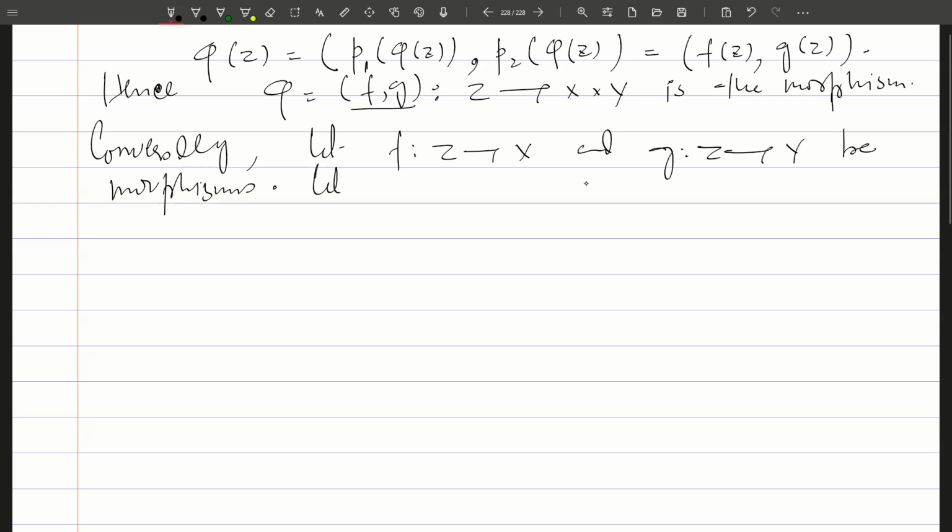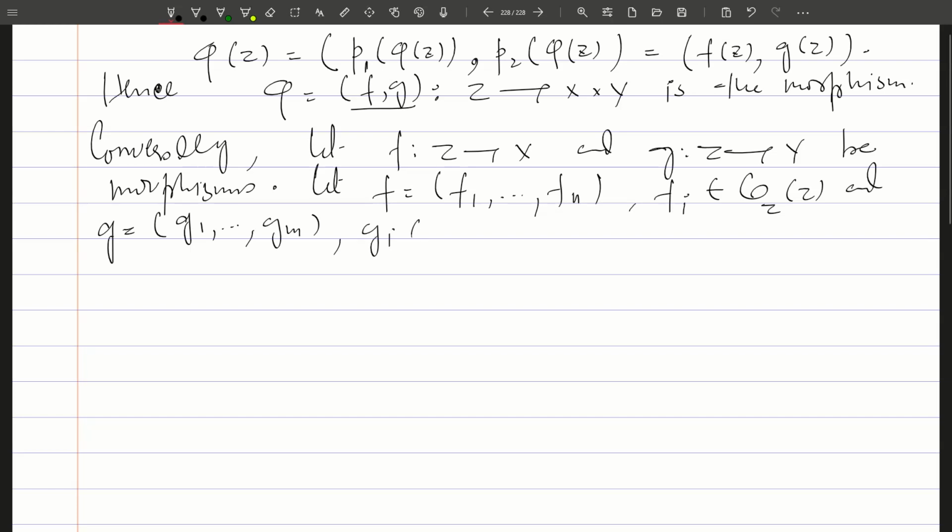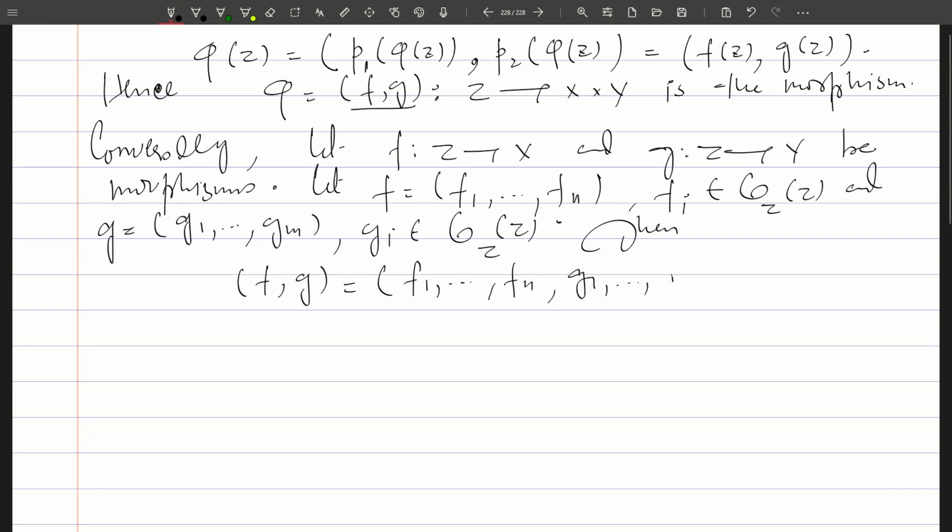This would imply that we can write f as an n-tuple of regular functions, where these fi's are regular on Z. Similarly, we can write g as an m-tuple of regular functions, where these gj's are regular on Z. Then if we look at this map (f, g), this is the map (f1 up to fn, g1 up to gm).